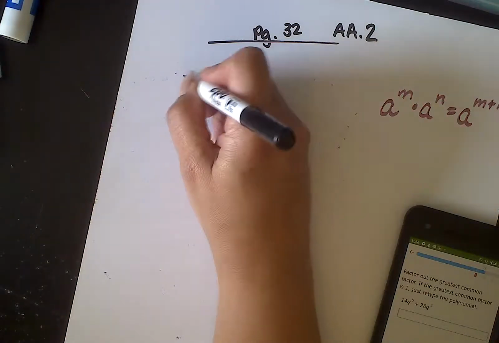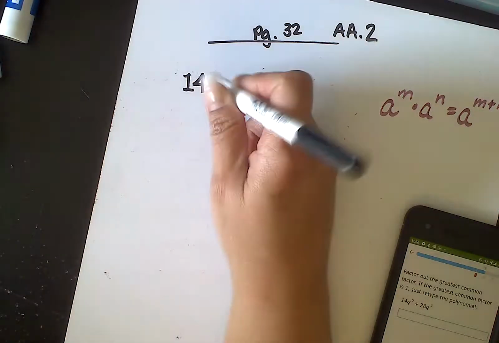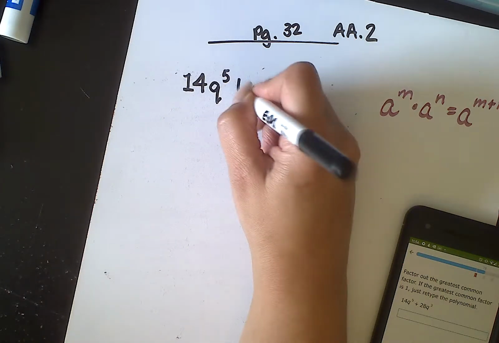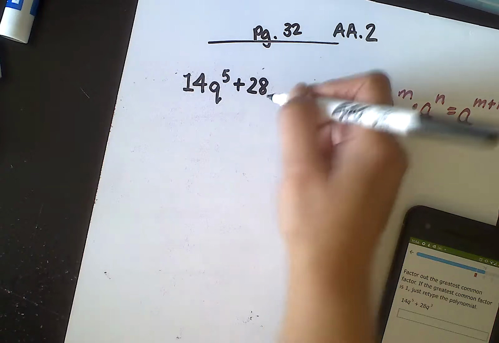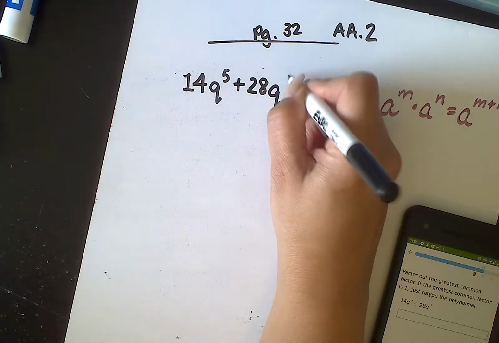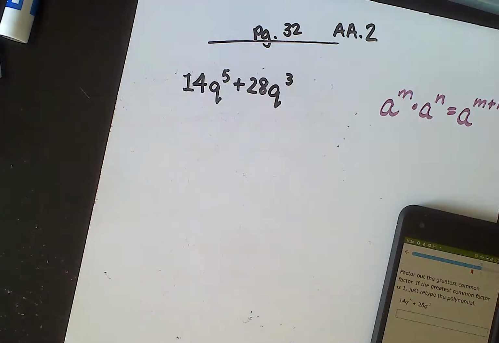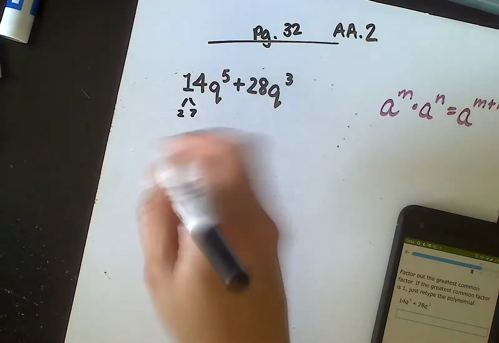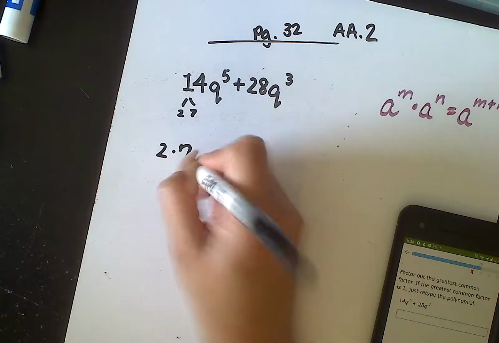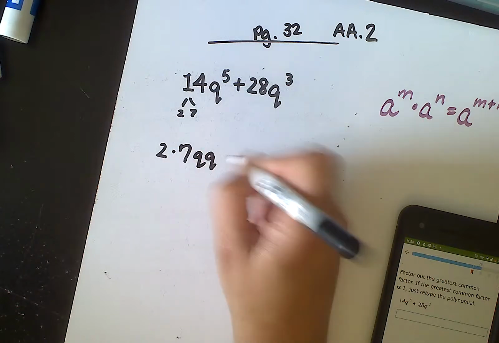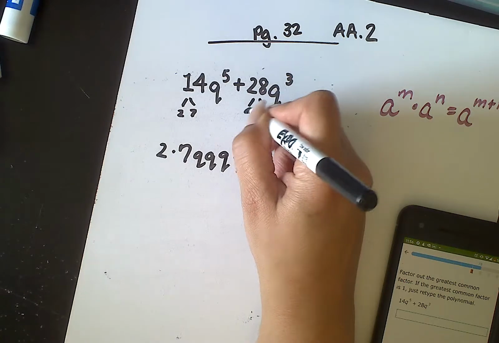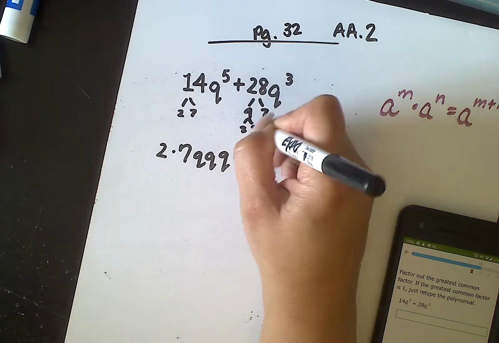We have 14q to the 5th plus 28q cubed. Okay, so 14, I can break it down into 2 times 7. So 2 times 7, and then 1, 2, 3, 4, 5. That's 4 times 7, which is 2 times 2.